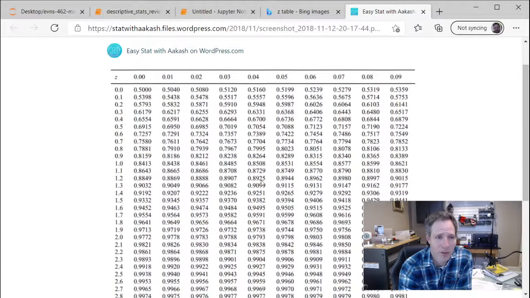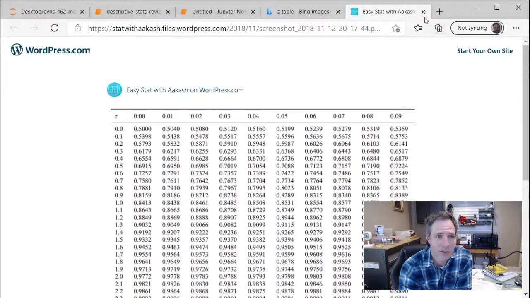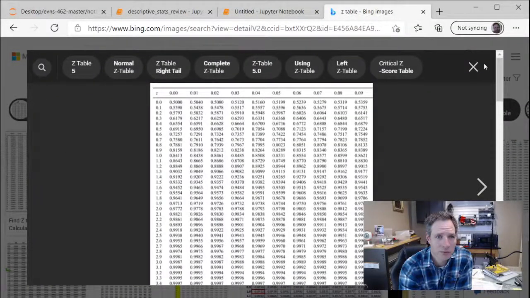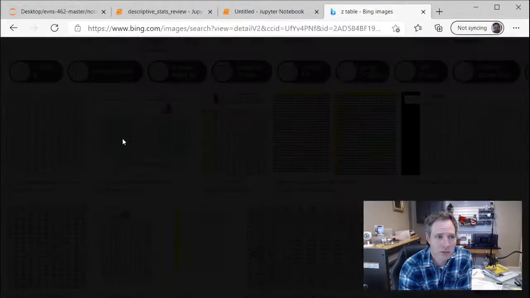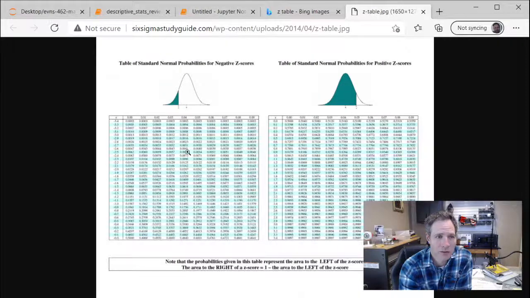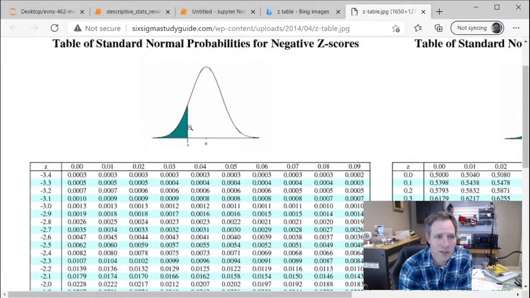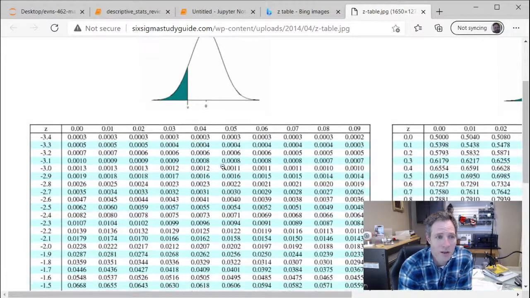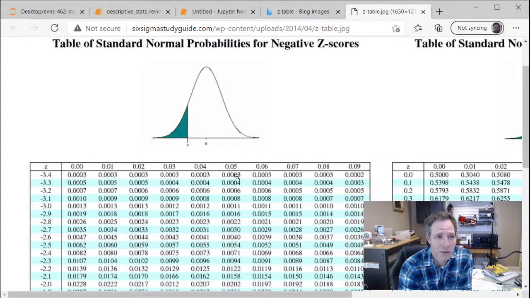I wish there was a picture. Let's find a different one. All right, let's use this one right here. So the numbers here are the probabilities, the areas under the curve to the left of each of these z-scores. So if you have a two-tailed case, you have to take these probabilities on this chart and double them.